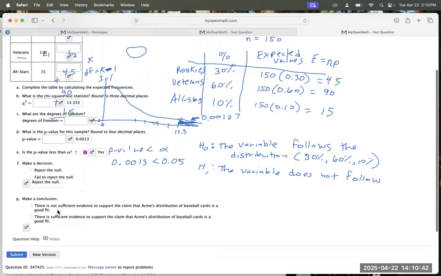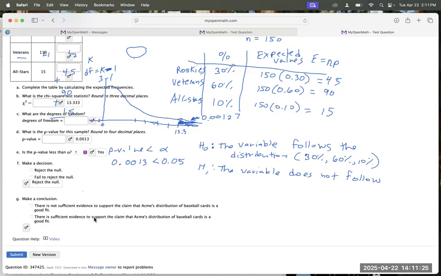So we're going to say there is sufficient evidence to support the claim that the Acme's distribution of baseball cards. Well, we don't want to say it's a good fit. This is weird because you normally would say there is sufficient evidence, but they actually have written here there is sufficient evidence for the alternative hypothesis.